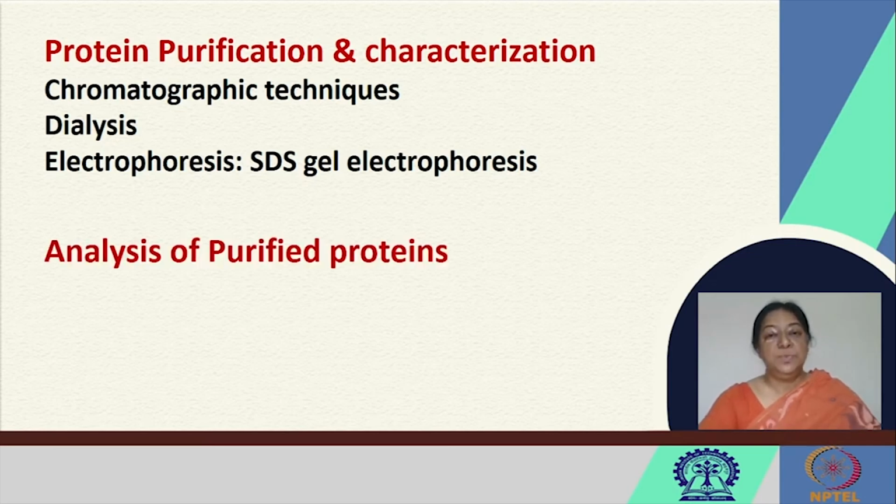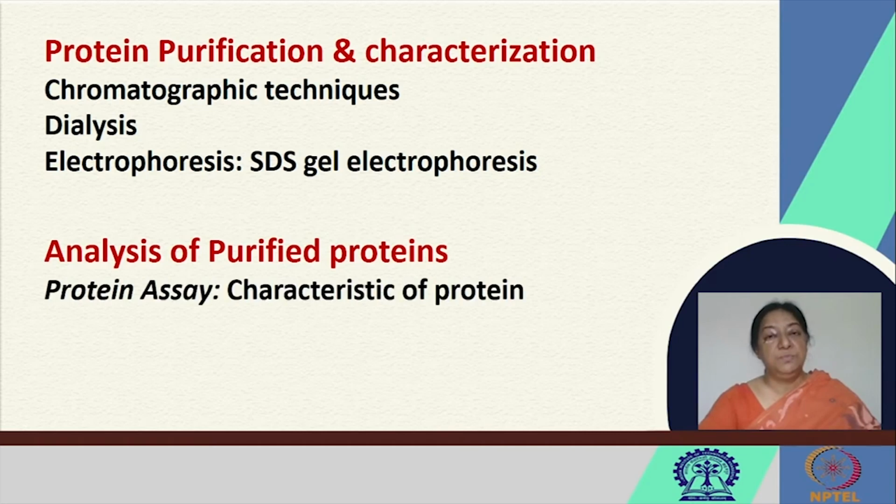When we analyze the purified proteins, we look at a protein assay that is characteristic of the protein. We want to know whether we have actually isolated our protein of interest, which would mean that if it were an enzyme, we would look for an enzymatic assay.